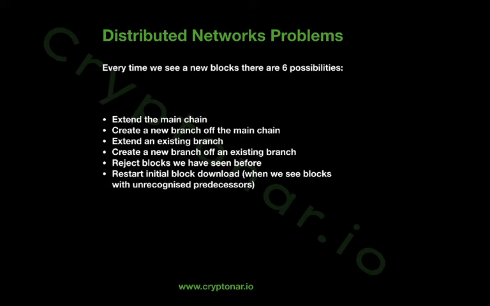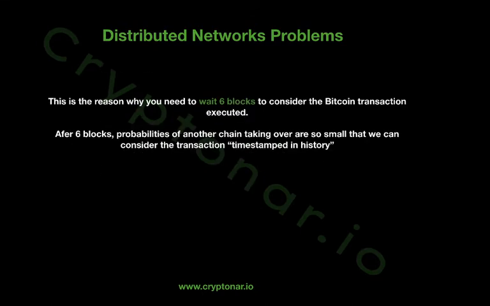So as you see, it's not easy, and there is this kind of uncertainty, at least for some blocks, in which you don't know which chain is going to win. And this is the reason why when you make a Bitcoin transaction or other cryptocurrencies, usually you need to wait 6 blocks to consider the transaction executed, at least in the case of Bitcoin.